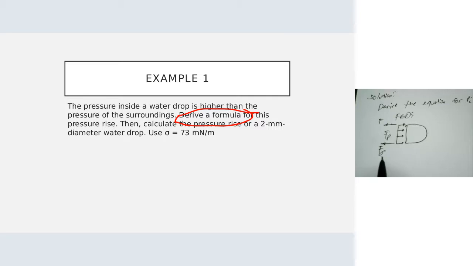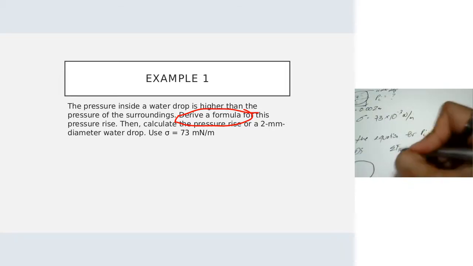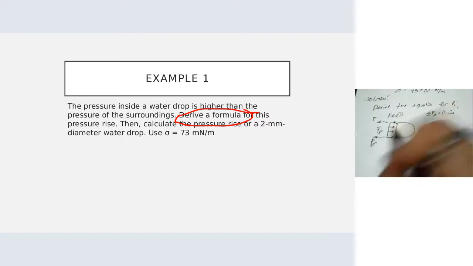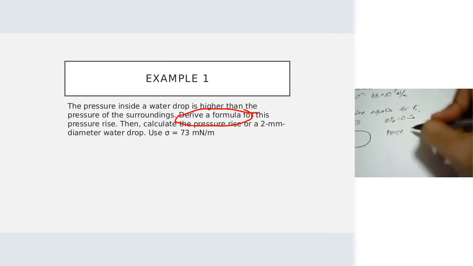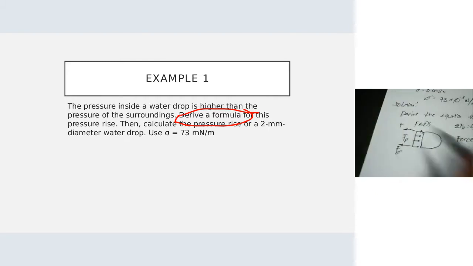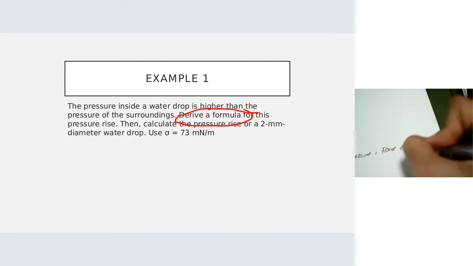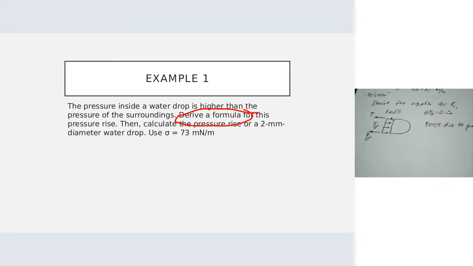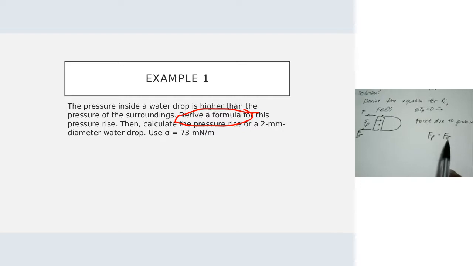Okay. Now, if we will use the summation of forces along horizontal equal to 0, then the equation will be force due to pressure is equal to force due to tension. So F sub P equals F sub sigma.